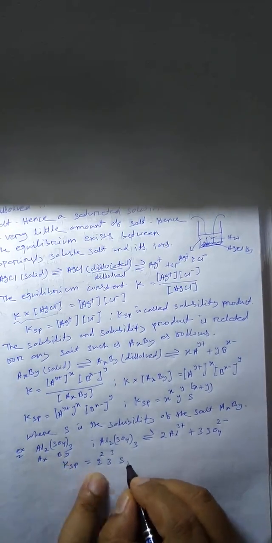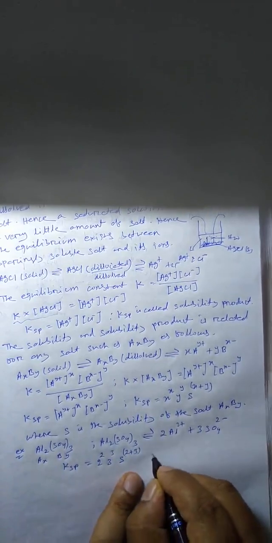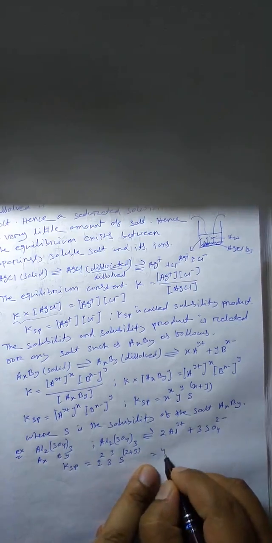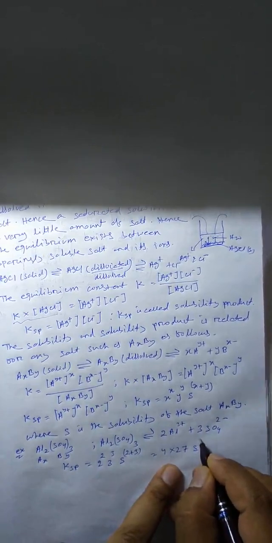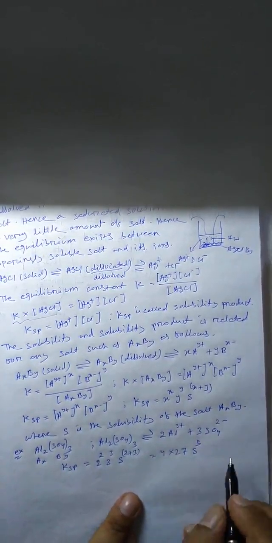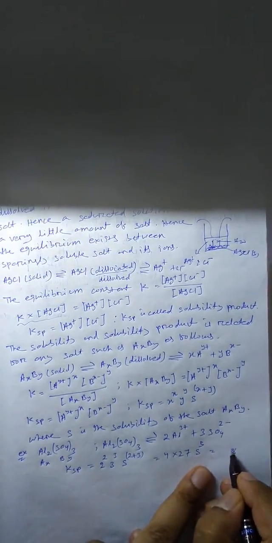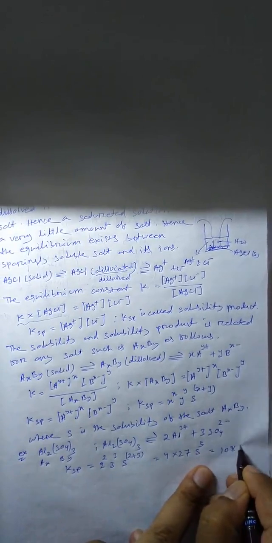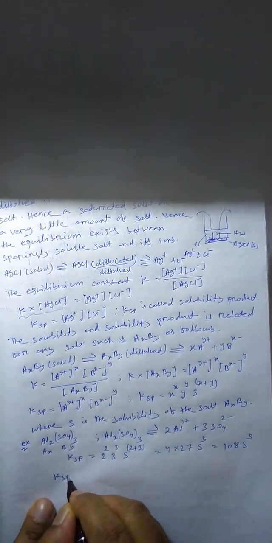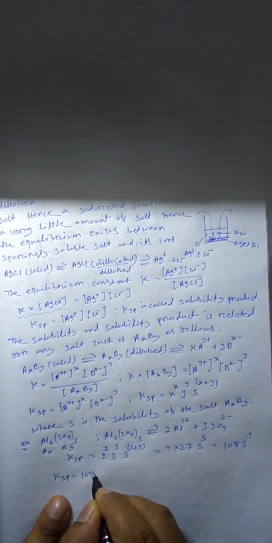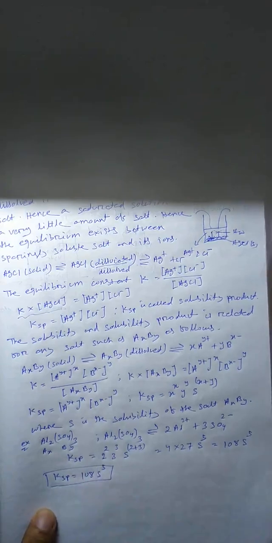S to the power X plus Y, 2 plus 3, that means S to the power 5. Four into 27 gives 108 S to the power 5. So this is the solubility product and solubility relationship for Al2(SO4)3.